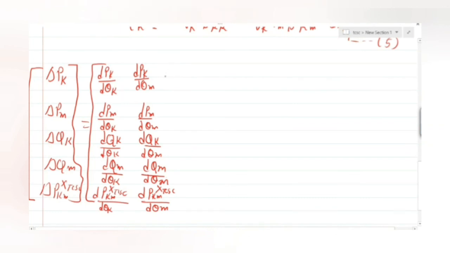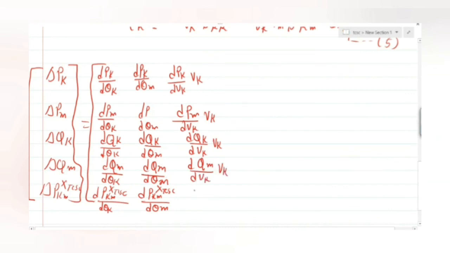So our equation becomes del Pk upon del Vk into Vk, del Pm upon del Vk into Vk, similarly del Qk upon del Vk into Vk, del Qm upon del Vk into Vk, and del Pkm x TCSC upon del Vk into Vk.